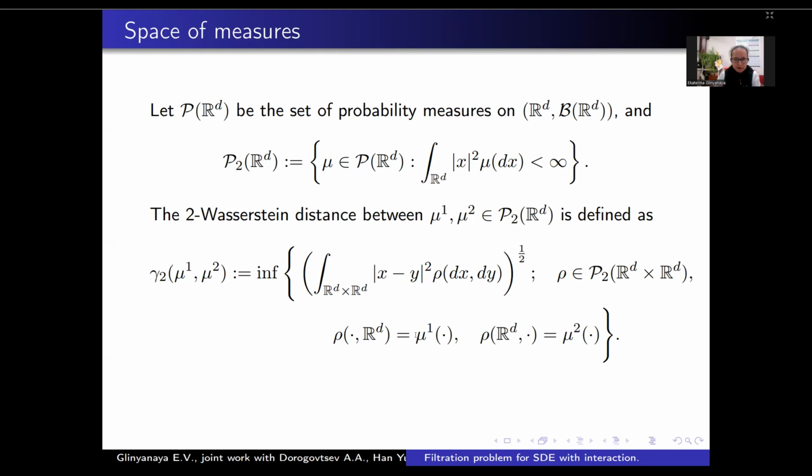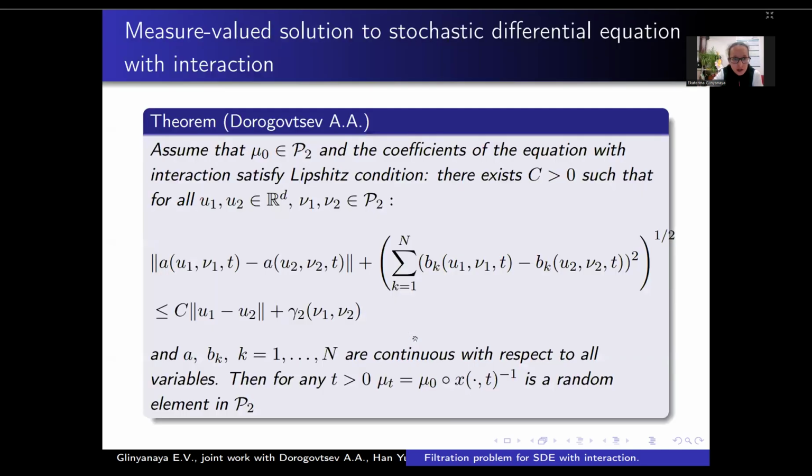I will not stop here because we saw this definition before. But having this distance and this space, now we can give a condition under which the solution to the stochastic differential equation exists.